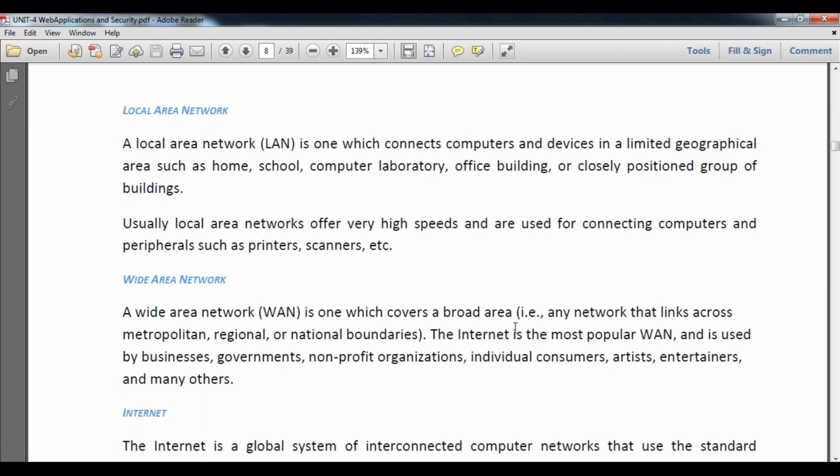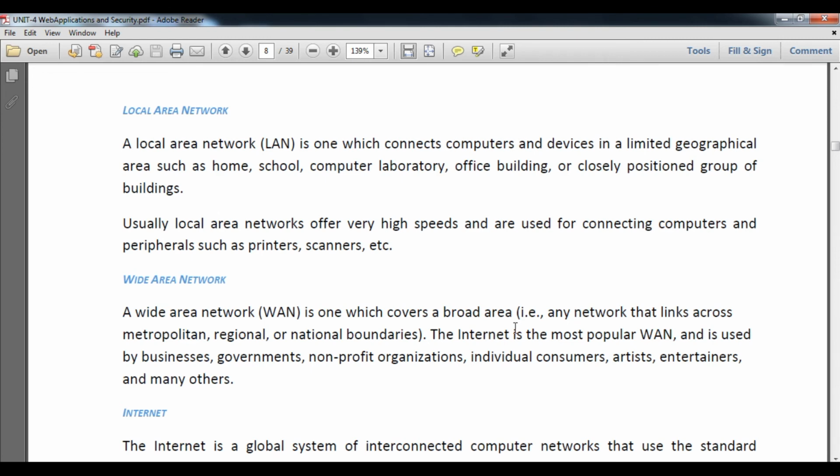A local area network is a common network which connects computers and devices in a limited geographical area, such as a home, school, computer laboratory, office building, or closely synchronized group of buildings. Usually a local area network offers very high speed and connects computers to peripherals such as printers and scanners. The speed of this network is 100 Mbps.